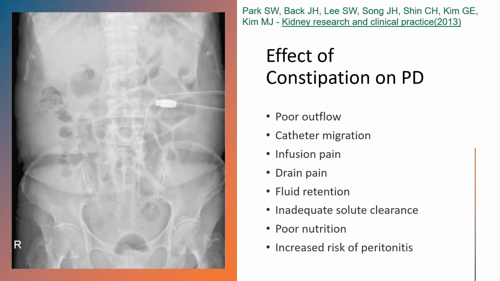We really try to stay on top of constipation for patients that are on peritoneal dialysis because it really affects their therapy. So even if patients are saying that they're having bowel movements every day, they may still have stool burden that affects their PD. The constipation can affect the outflow of the dialysate.